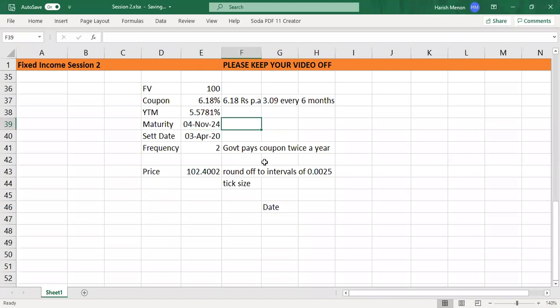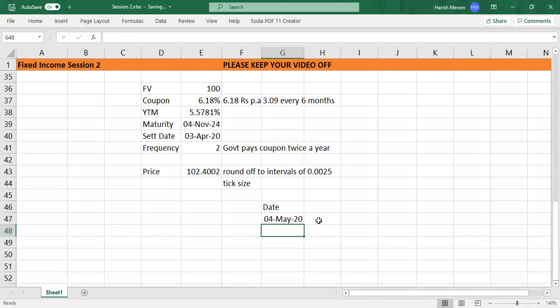You can be rest assured that this bond was also issued on 4th November some year, because bonds are always issued in 1 year, 2 year, 3 year, 4 year, 5 year, even numbers. So we know for a fact that the next coupon on this bond will be received on 4th of May 2020. May, November will be the cycle for this bond. 4th will remain the same.